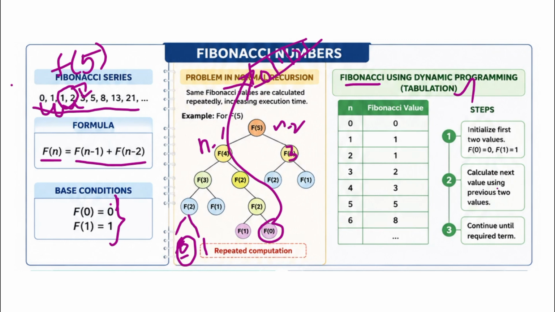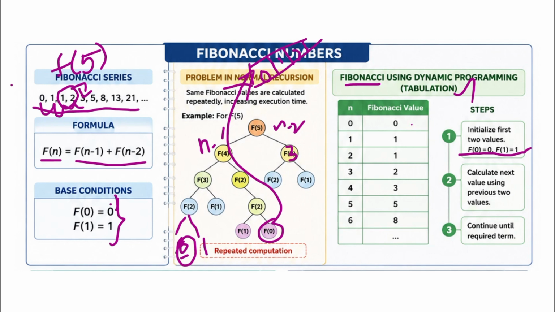The initial two values are simply stored in the table, f of 0 equal to 0 and f of 1 equal to 1. Then for calculating, only one simple for loop is used here. No function is used. Inside the for loop, simply give the formula f of n equal to f of n minus 1 plus f of n minus 2. In this calculation, you don't need to calculate the values f of 0 and f of 1 because we already have those values in the table, right? So just take the values and add them.